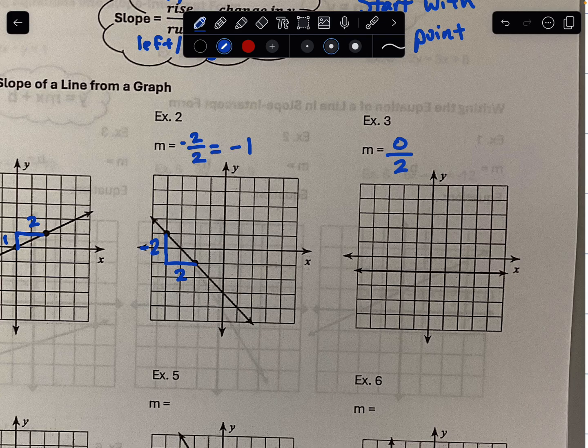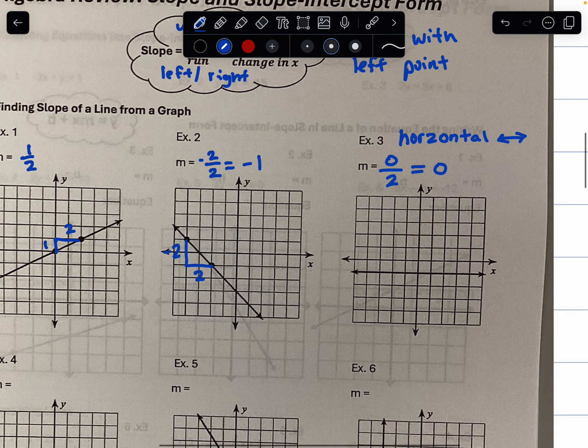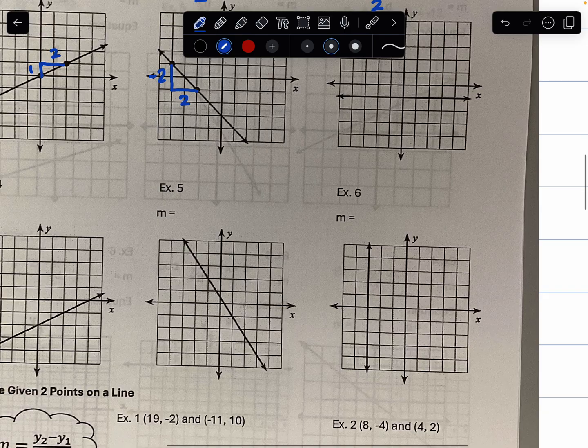What's 0 divided by 2? 0. So horizontal lines have a slope of 0. If I see a horizontal line, I'm going to know it's a slope of 0 because the y values never change and 0 divided by anything has to be 0.